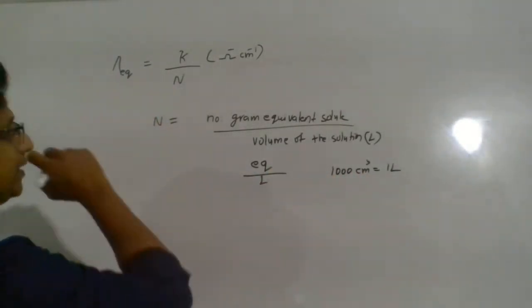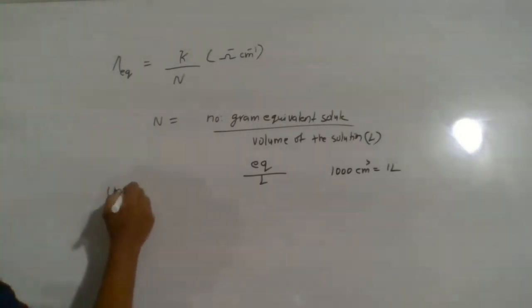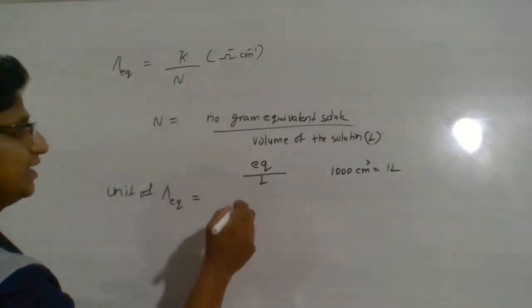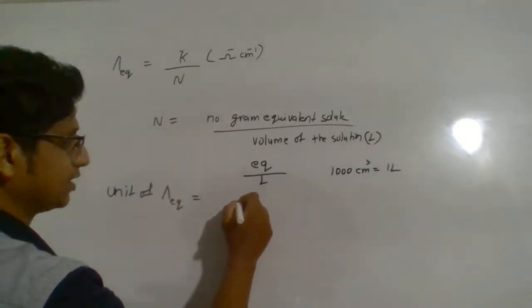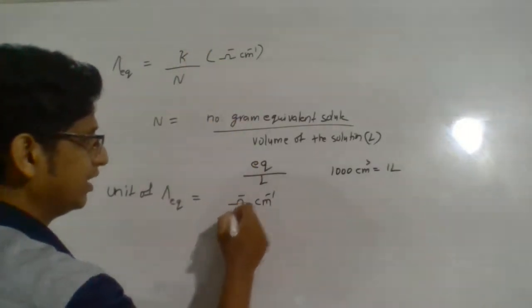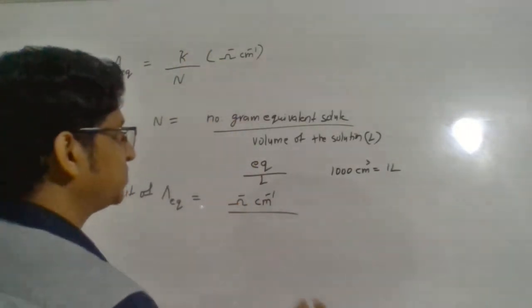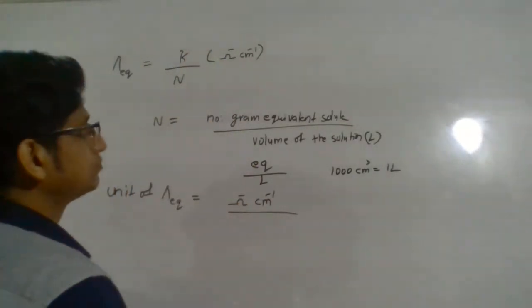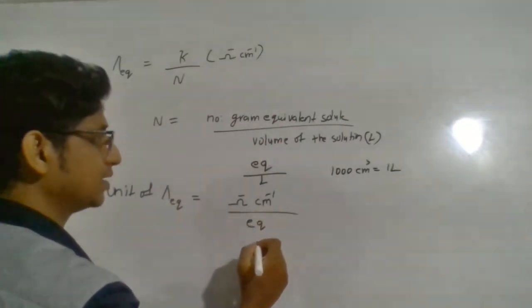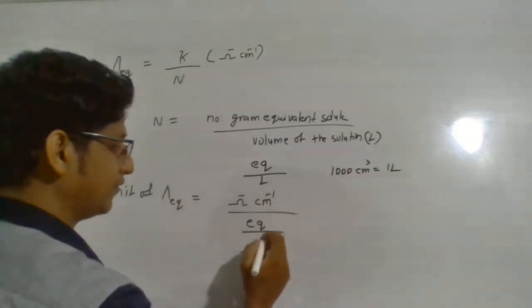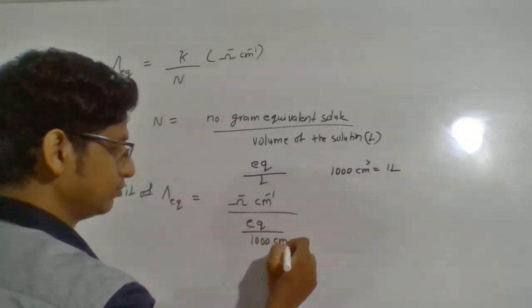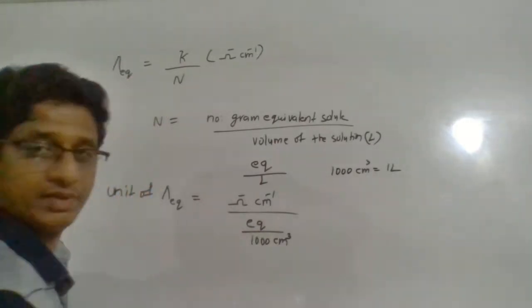So what will be the unit of lambda equivalent? I put the unit ohm inverse centimeter inverse, that's the unit of conductivity, divided by normality in gram equivalent, so equivalent divided by liter, right? Volume in liter, I can write as 1000 centimeter cube, 1 liter is 1000 centimeter cube.